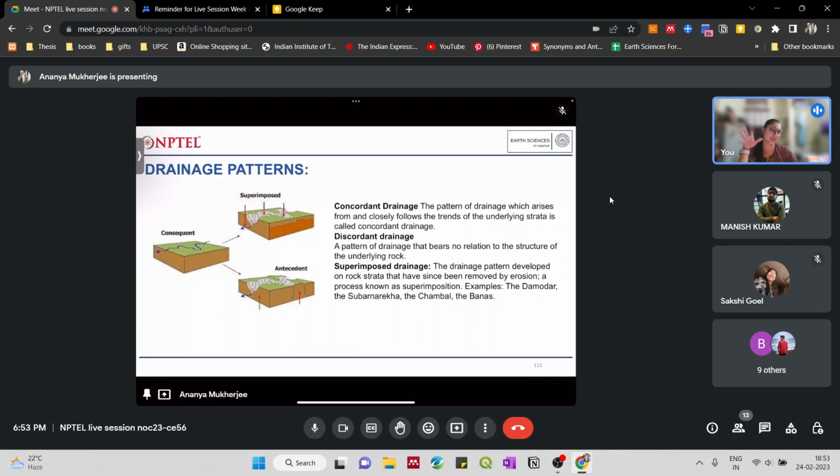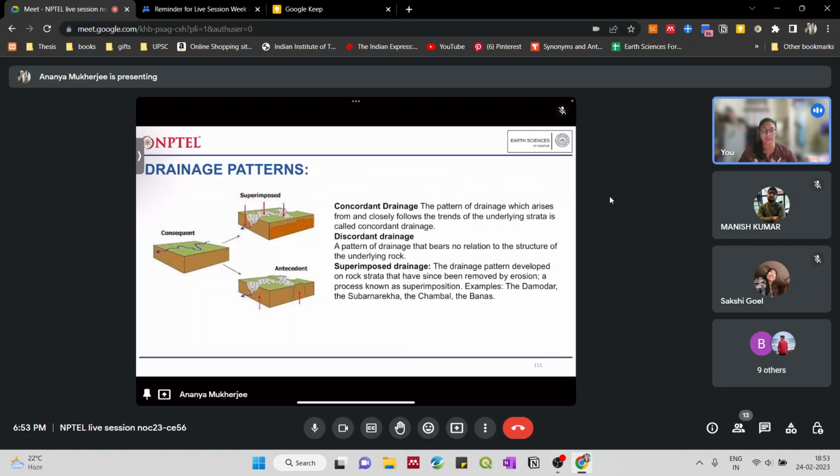Now we learned about drainage basins, and how different kinds of channel patterns are formed due to the erosional and the depositional work. Now drainage patterns are dependent on a few other things. One is the structural trends present over the region, the rate of disturbances it is facing during its flow, and also the lithology present in the area through which the river is flowing.